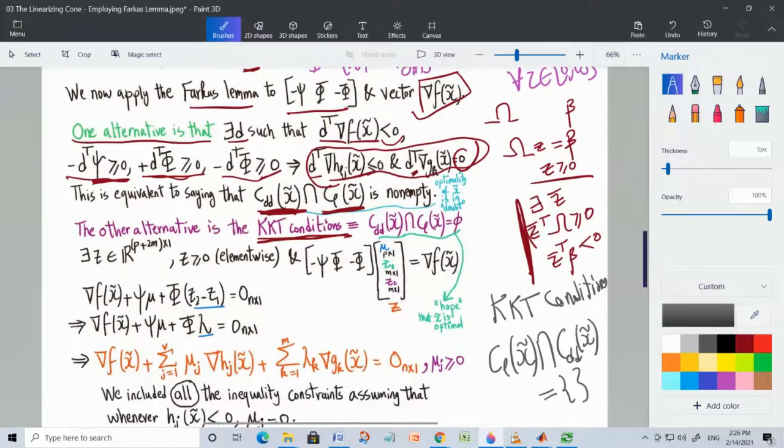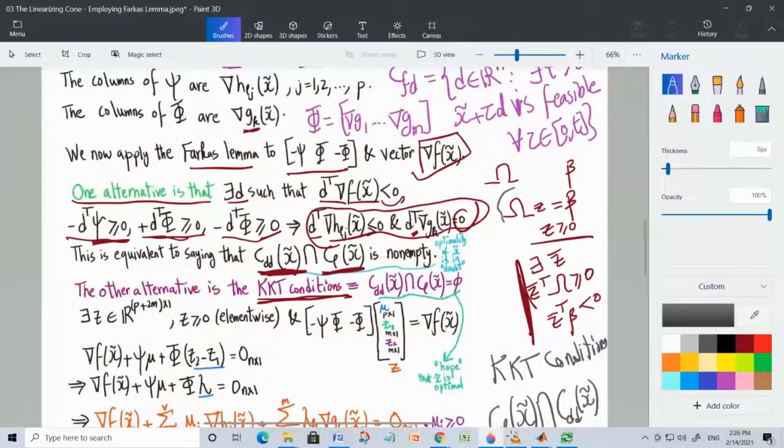Okay, but from the previous lecture we can actually write down this other alternative in a nice way, and so this will lead to the KKT conditions as you know them. I'm sure that most of you, even from homework 1, know the Lagrangian and so on. So let's see how the expression for the Lagrangian is derived. It's basically just take this other alternative and apply it.